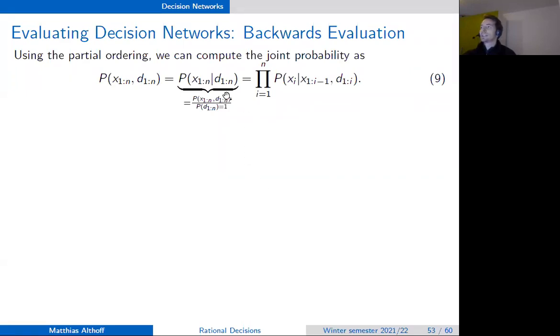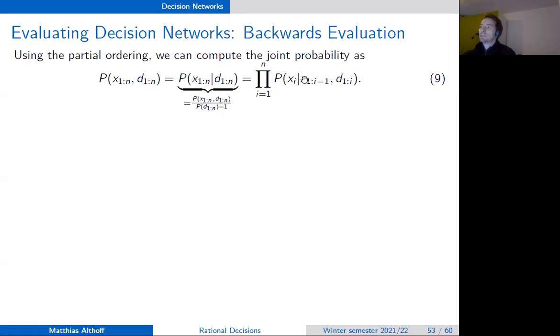So before we do that, we briefly discuss how we can compute the joint probability of all random variables and decision variables. Because the decision variables are not really random, so we made a precise decision. This joint probability is the same as writing it as a conditional probability for the random variables given the decisions, because the probabilities of the decisions are 1, so we made the decisions.